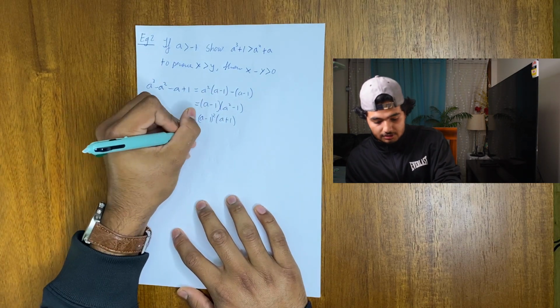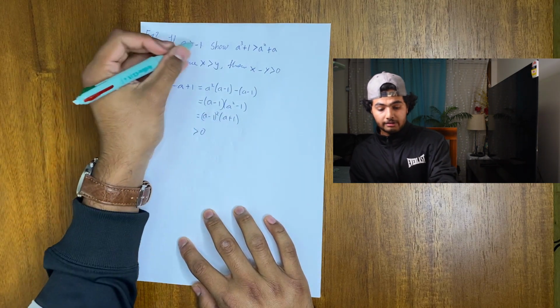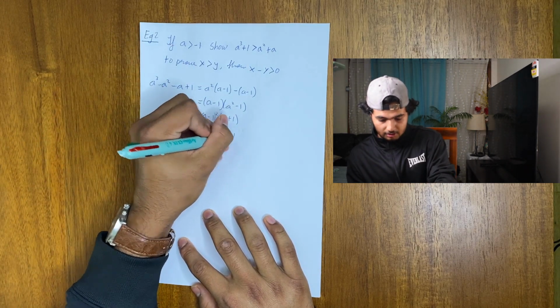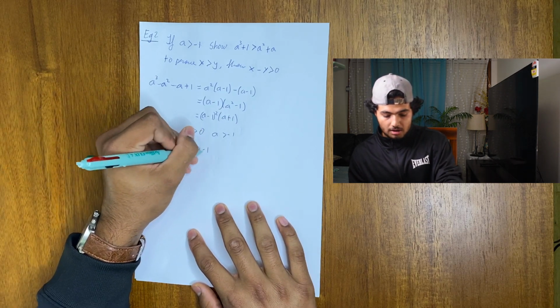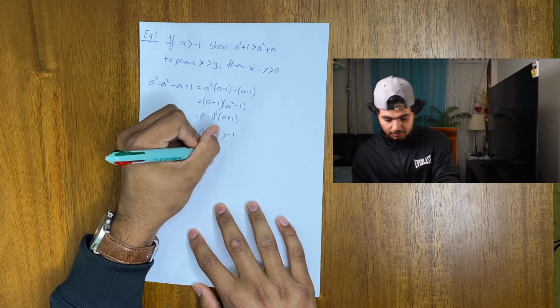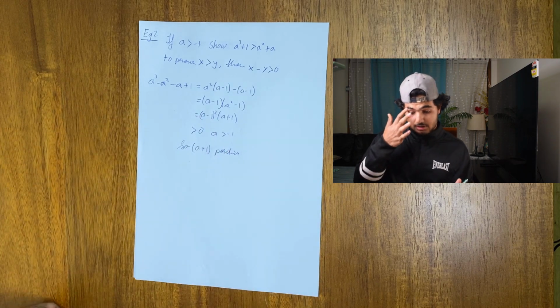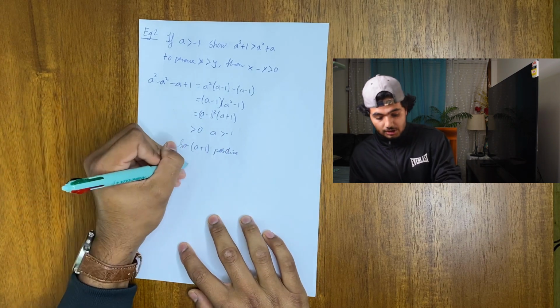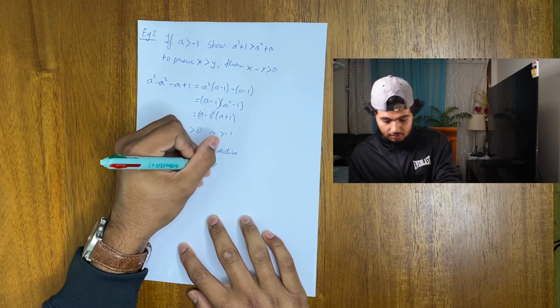So we know that that is going to be greater than 0, and then we're given that a is greater than negative 1. So a plus 1 is going to be positive, and then a minus 1 all squared is also going to be positive.